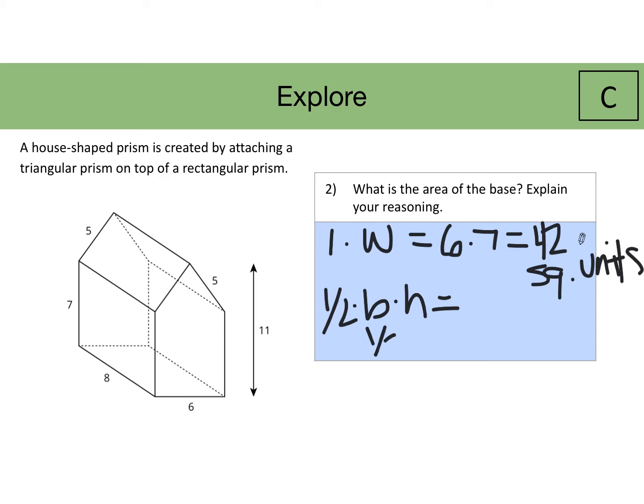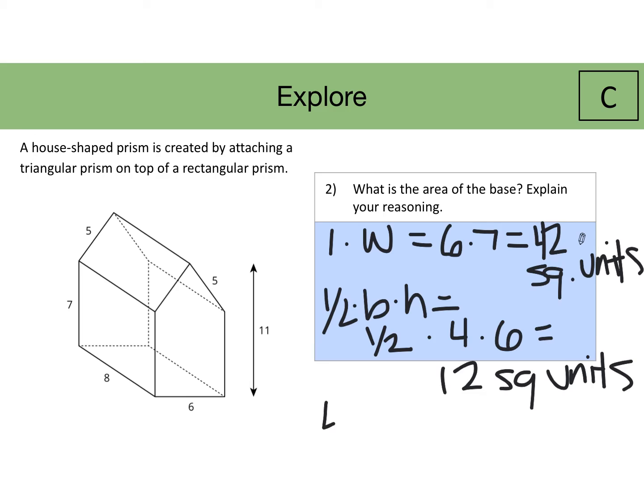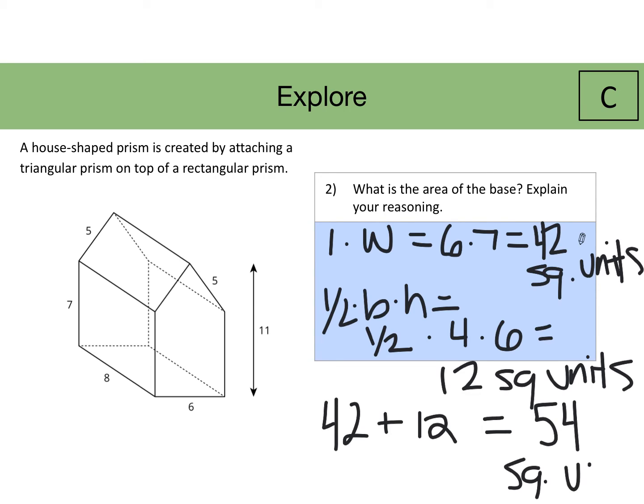And so that's going to be 1/2 times 4 times 6, which gets us 12 square units. And so we know that the total area of the base is going to be 42 plus 12, and that gets us 54 square units.